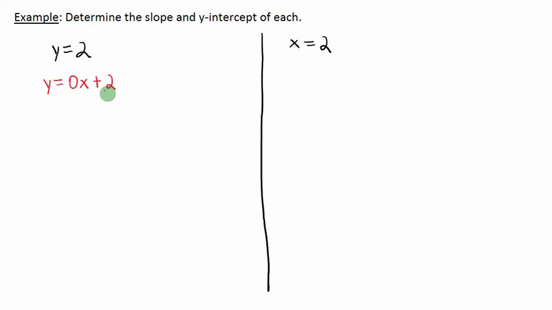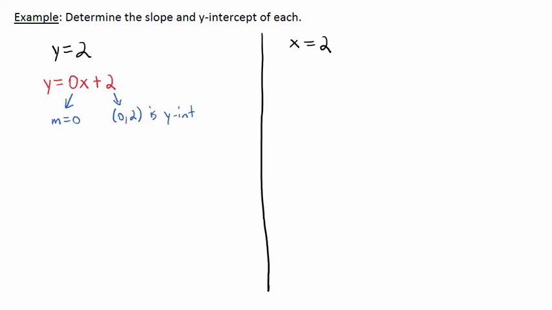It's kind of a weird way to think about it, but 0 times x is 0, 0 plus 2 is 2, so this is still the same equation. So our slope, m, would be 0, and the ordered pair (0, 2) is the y-intercept.